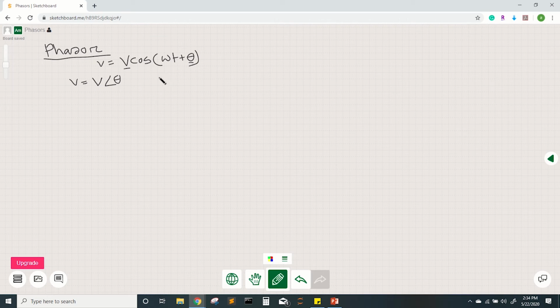And when we take the rectangular form, we can write this as a plus jb. This a and b we get from here. If we draw a real versus imaginary Cartesian plane, this is the real axis and this is the imaginary axis.